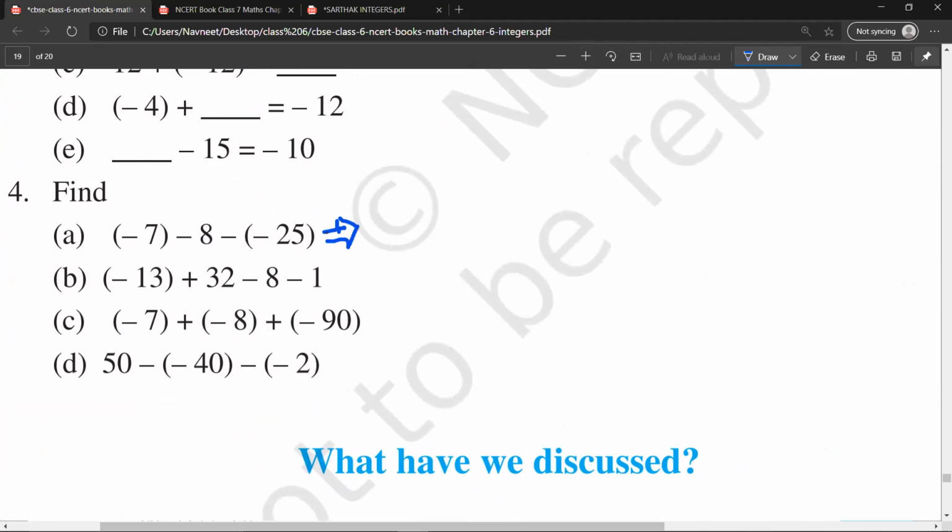Step 1 would be -7, minus 7, minus 8, minus 8, plus 25, plus 25, plus 10, plus 10.